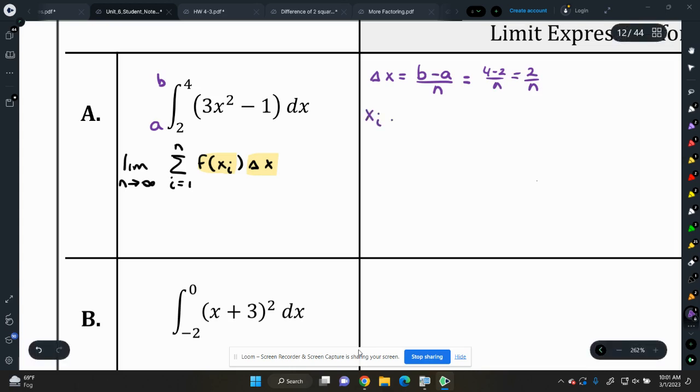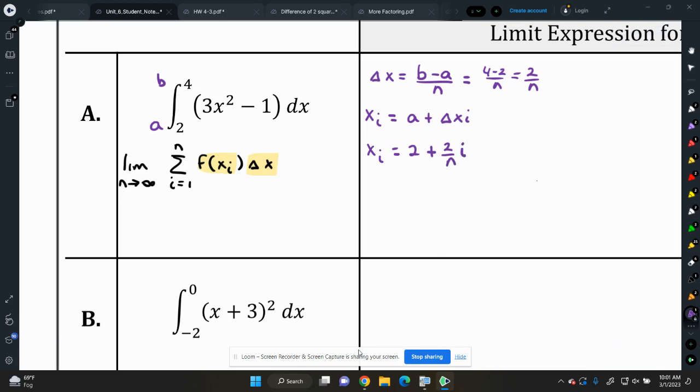X sub i will be a, which is 2, plus delta x, 2 over n times i.